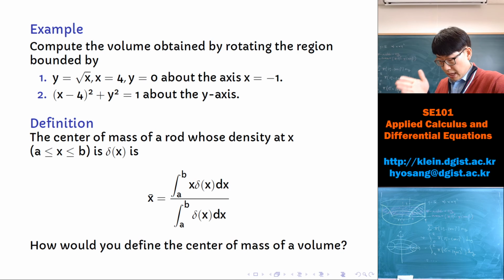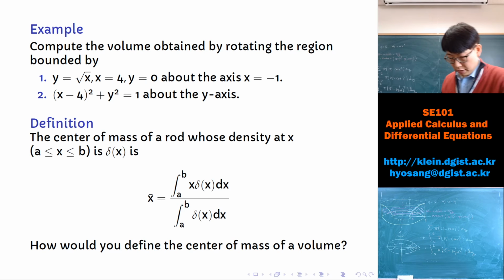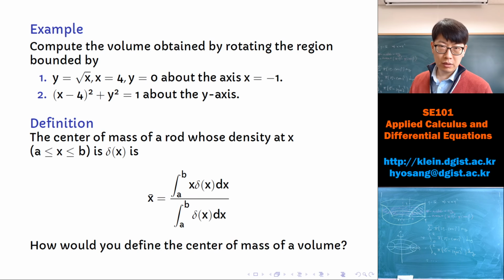The density at that position means the total mass per area or volume attached at that point. I think in physics that will be covered, I guess. But if it's not, then I will explain it later.